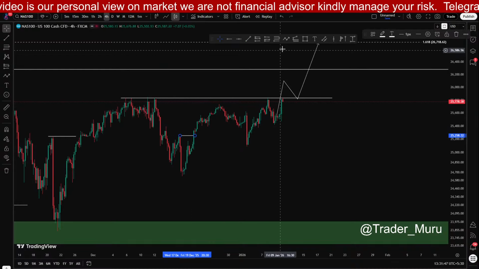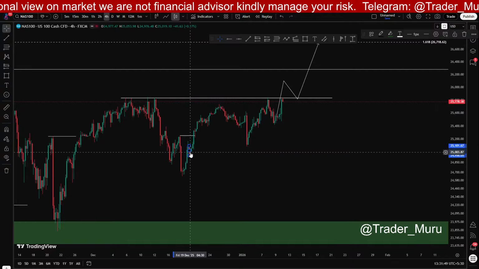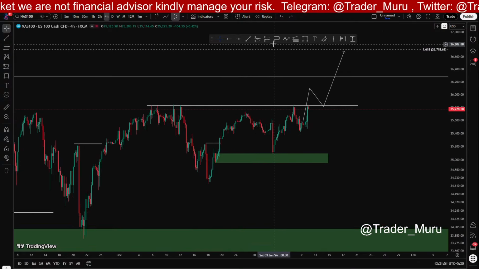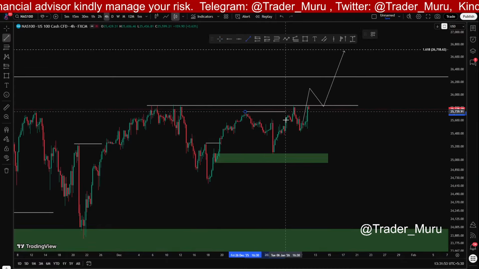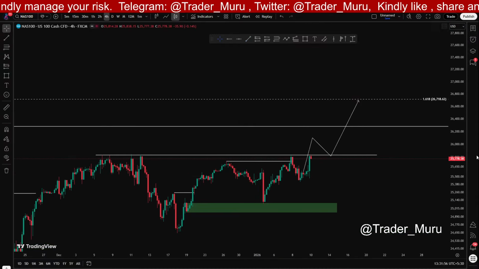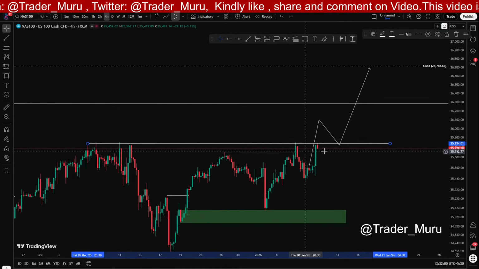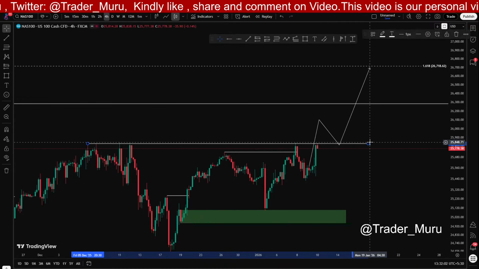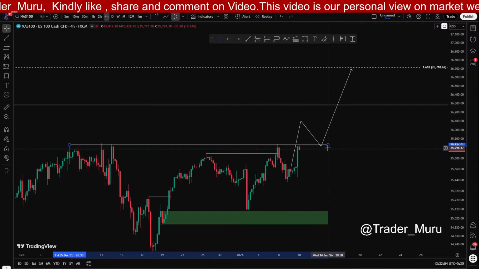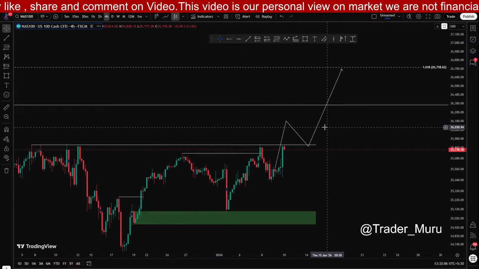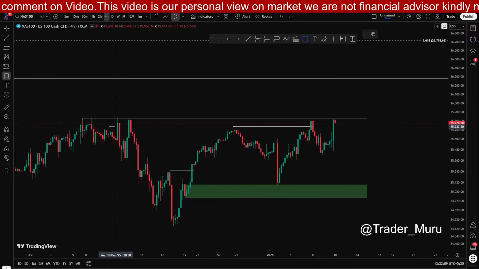This is the retest area, pump from order block. This is your new breakout structure. Wait for this area to get flipped, then you can buy on retest. This is the current resistance.